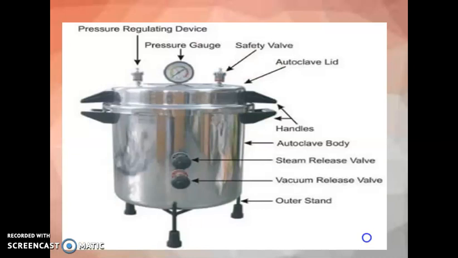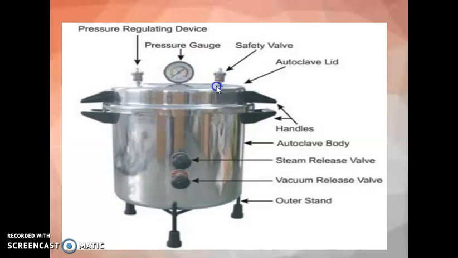This is the simple autoclave, and it resembles a pressure cooker. On the upper portion there is a small lid, which is the pressure regulating device, and this is the pressure gauge where we measure how much pressure has been obtained.